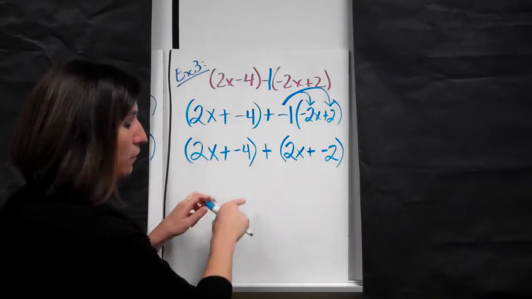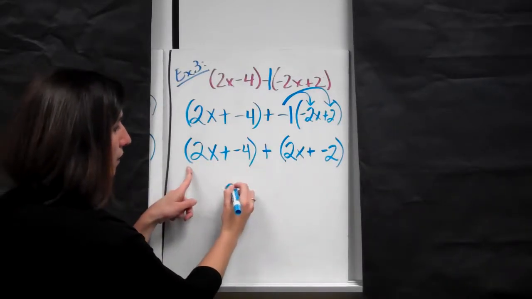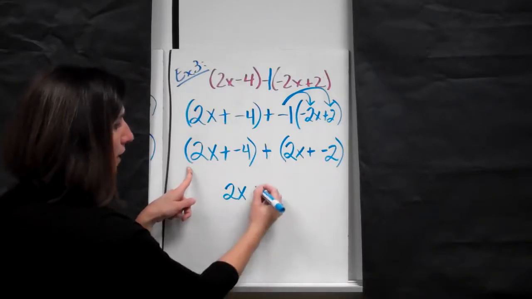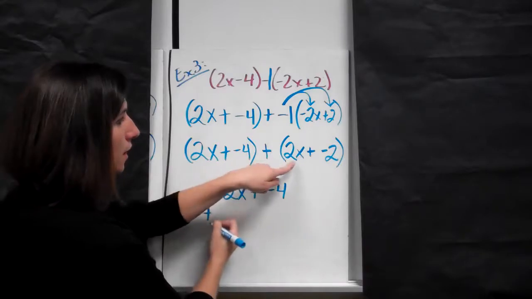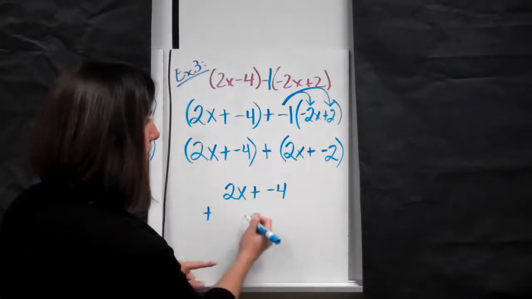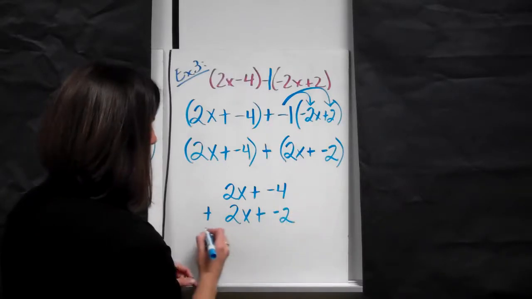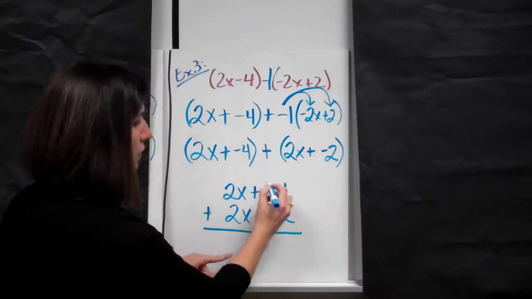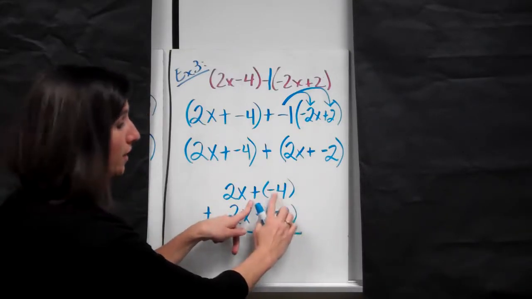Now I can rewrite them going up and down. I'm going to start on the left side with this quantity and put it in on top. So you have 2x plus negative 4 plus, and now you have 2x plus negative 2. You can put these in parentheses if you want, just to separate your plus sign from your negative sign.